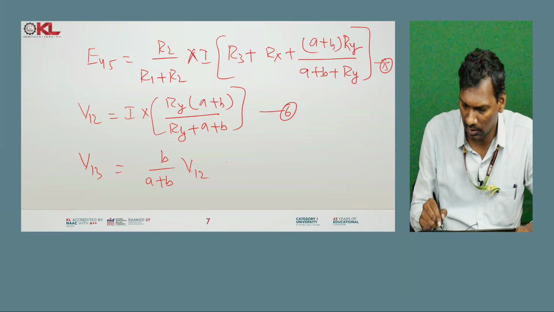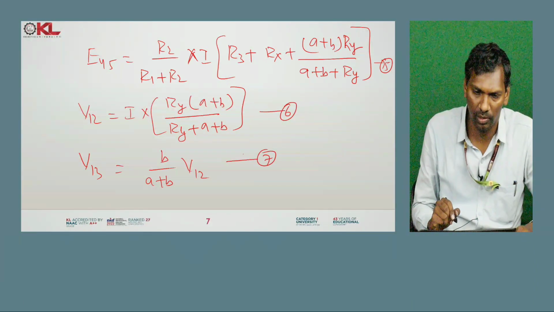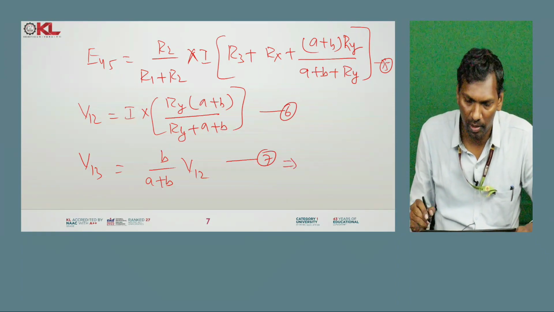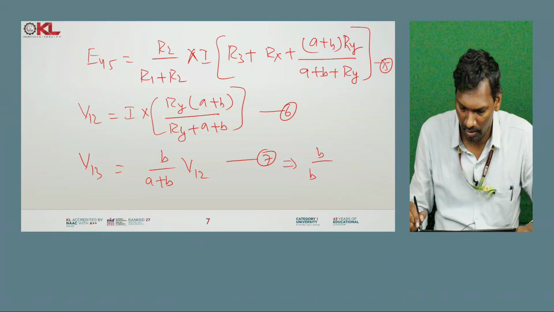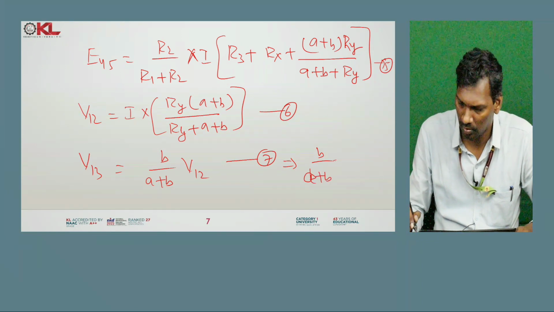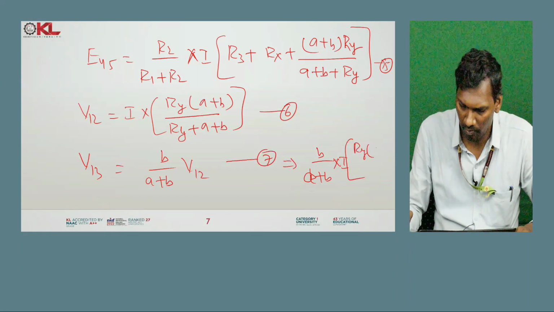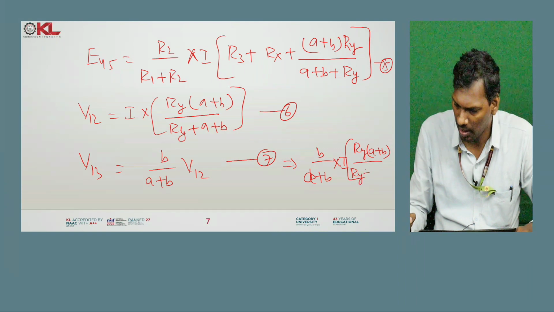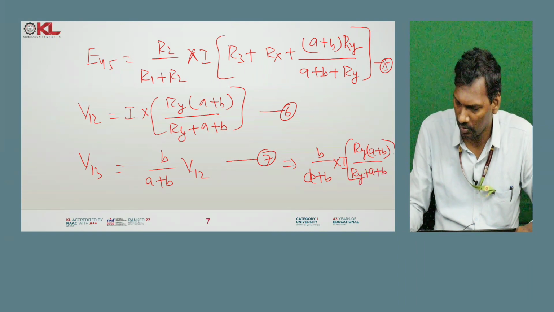Let us consider this is 6 and this is the 7th equation. Now this can be modified as B by A plus B into I into Ry into A plus B divided by Ry plus A plus B.